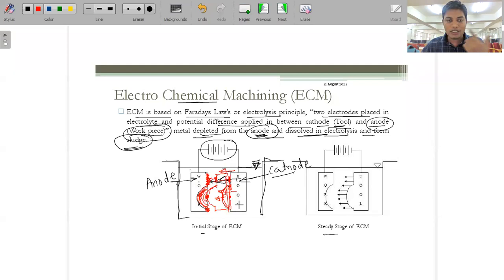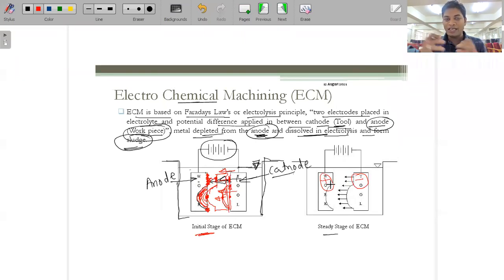So this is the initial stage. As I said, the potential difference is created after some time, as it is a DC power supply, so it takes a little bit of time to get charged. Once this charging takes place, the ions start releasing from the positive side and the negative side, meaning from the workpiece, the tool and the electrolyte.